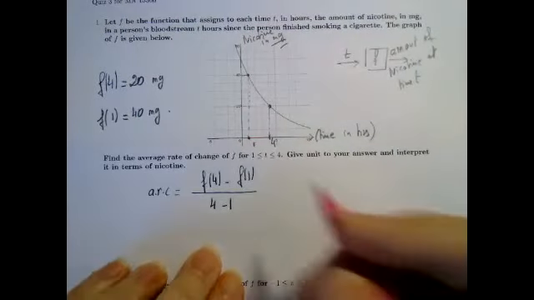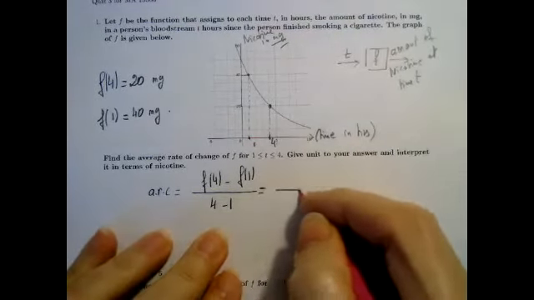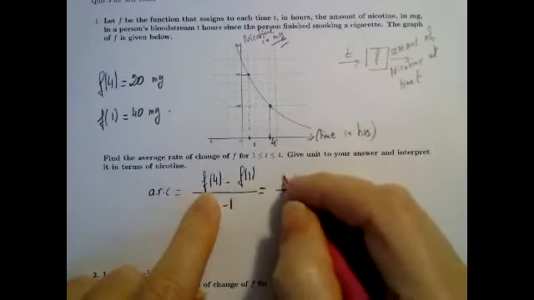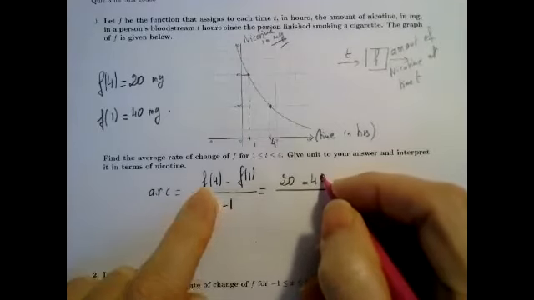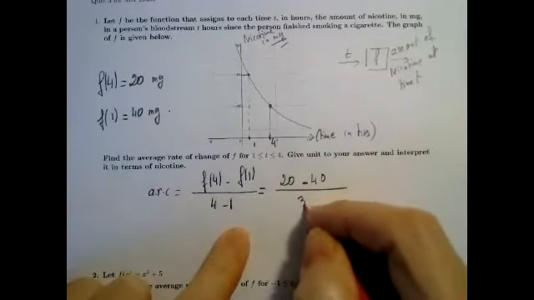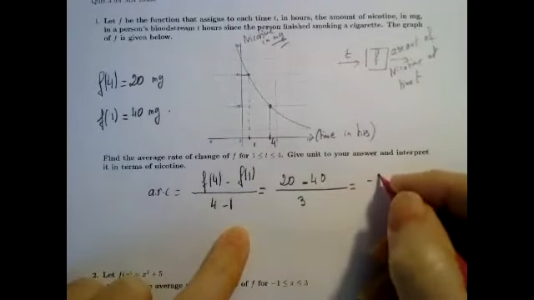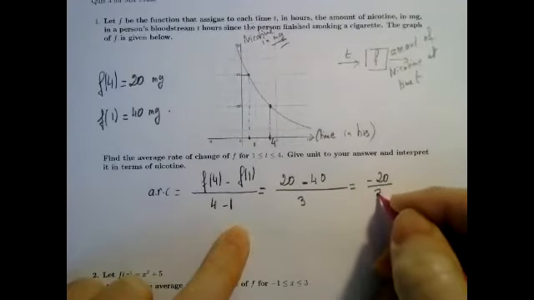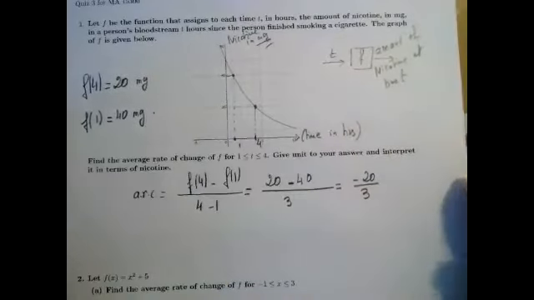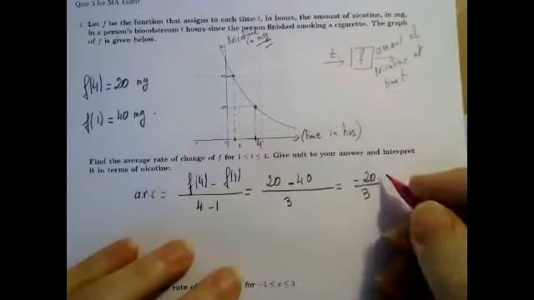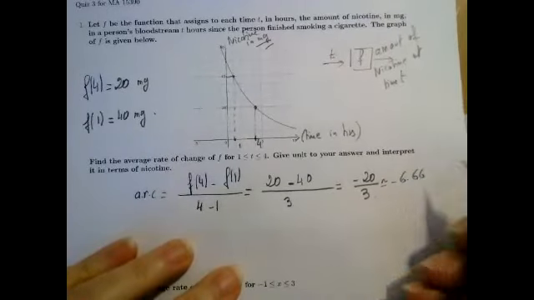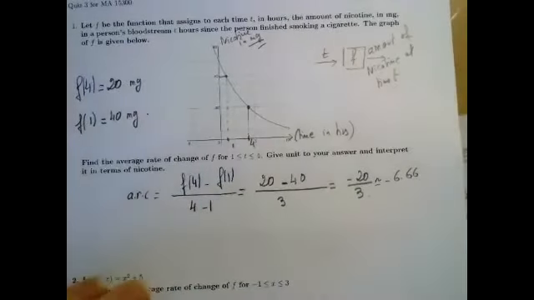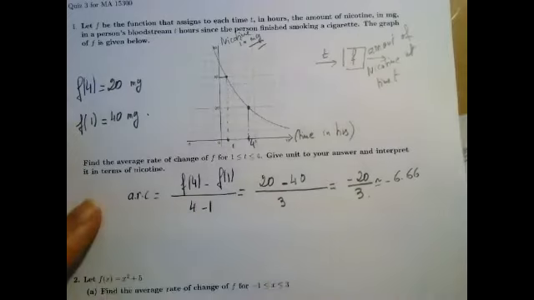So the average rate is the amount of nicotine after, which is 20, minus 40, divided by 3, which gives you minus 20 over 3. That's really the answer. I'm going to put it in decimal just to have a feeling for what this number is. So it's almost 6.66. Now the question is, what's the unit and what does it mean?